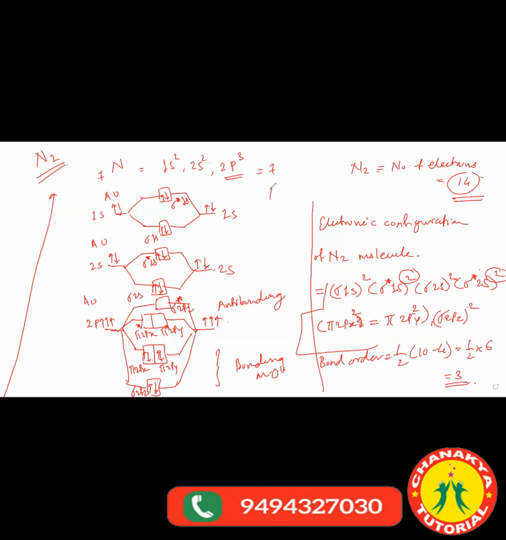You come to know the nitrogen molecule has a triple bond, 3 bonds. Hence bond order is 3. Got it? And as there is no unpaired electron in any of the orbitals, it is diamagnetic in nature.